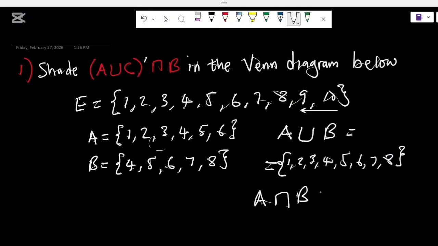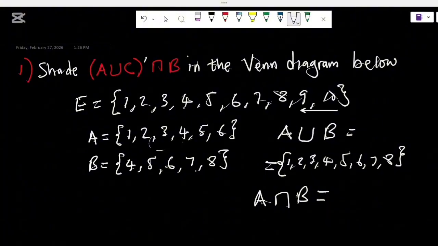For example, if you are to list down the elements of set A intersection B, you're going to look at the members of the elements of set A, 1, 2, 3, 4, 5, 6. And then in set B, you have 4, 5, 6, 7, 8. So what is common here between the two sets? You're going to see that here you have 1 to 3, which are not here. But you have 4 and 5, which are here.